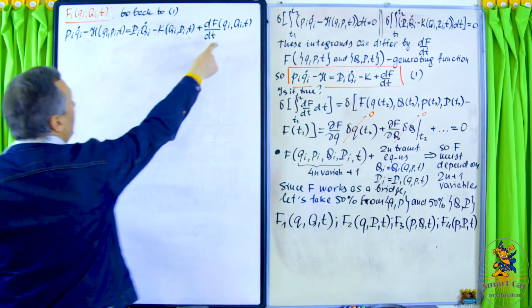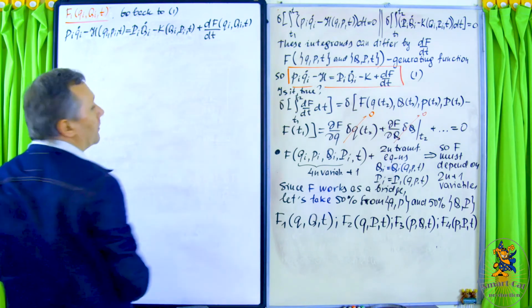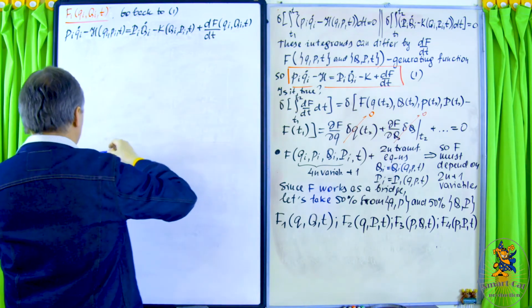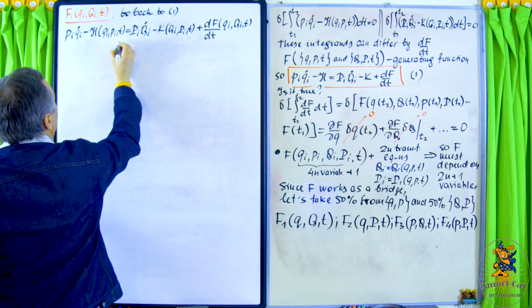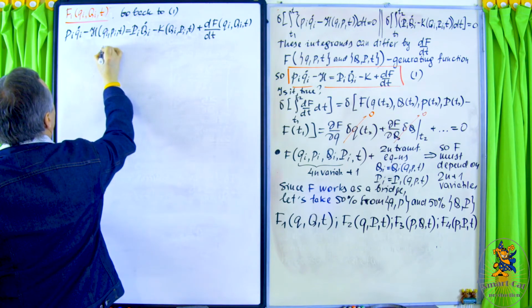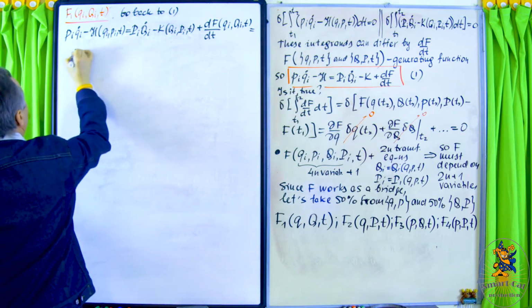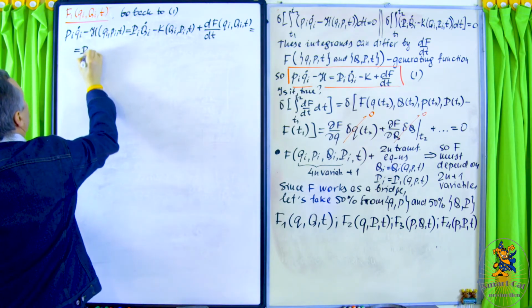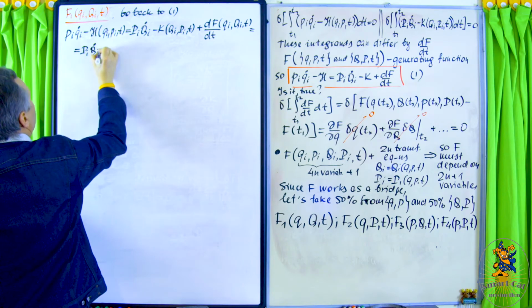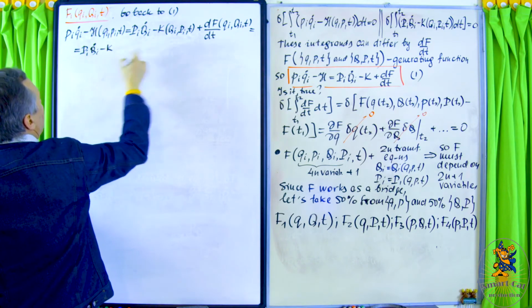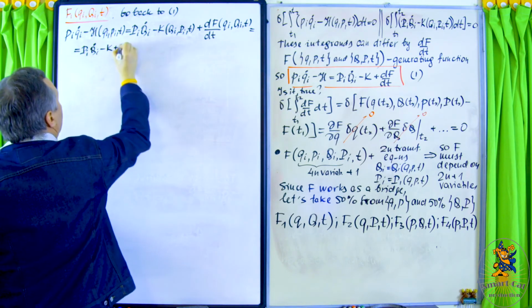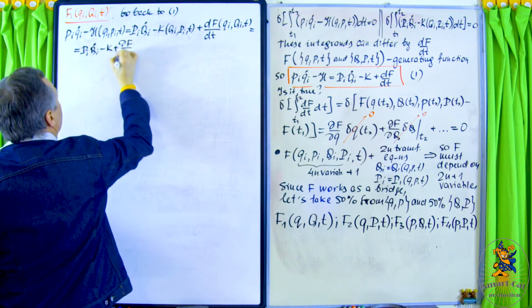Okay, so now I want to open it up and write this down explicitly. I will write here: equals p_i q_i dot minus K, plus partial derivative of F with respect to time.